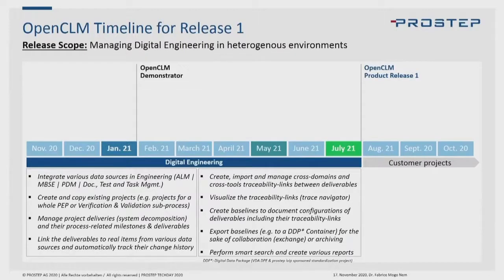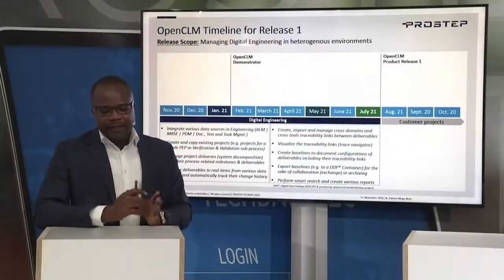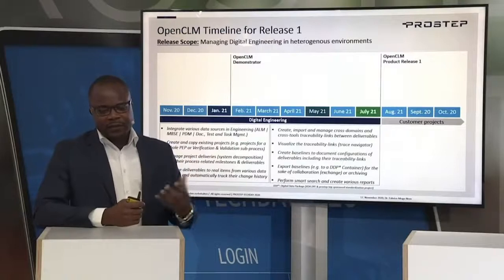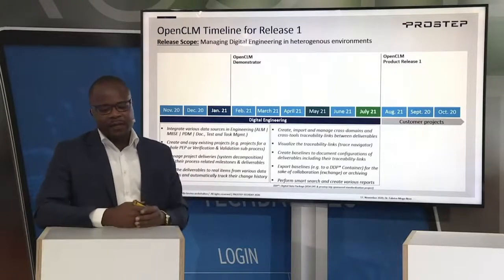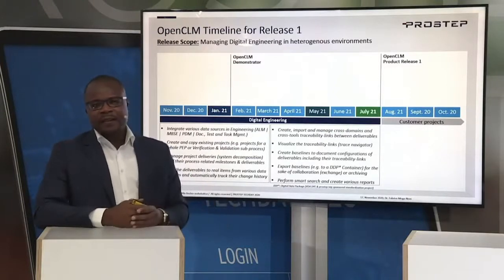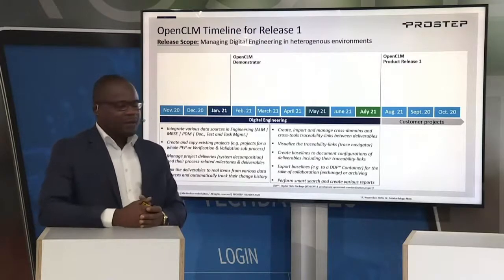With OpenCLM as viewer, of course, such traces can be visualized. It will only be available in July 21, but beforehand, of course, you're welcome to get in touch with us so that we can, together with our team of consultants, work on use cases which are most important to you. And, of course, we also want to make you ready for the use of OpenCLM.